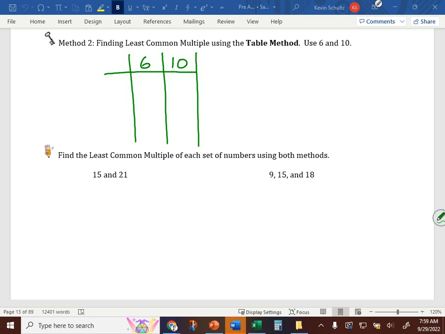And we're going to use the exact same process we did for greatest common factor, which is why this method might not be the one for you because you might get the two confused. Or if you set it up the same way every time and just know the difference between the two, maybe this is the one for you. That's why I show you 2 of them so you can pick. I like the listing one better, or I like the table one more.